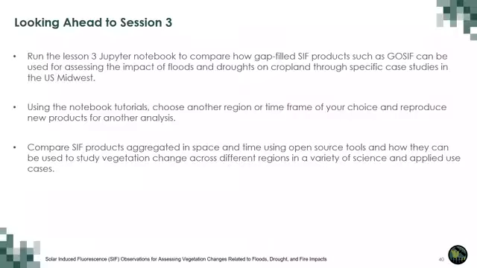You'll be using Jupyter Notebook tutorials to choose another region or time frame of your choice and reproduce new products for another analysis. And you'll compare SIF products aggregated in space and time using open source tools and how they can be used to study vegetation change across different regions in a variety of science and applied use cases.